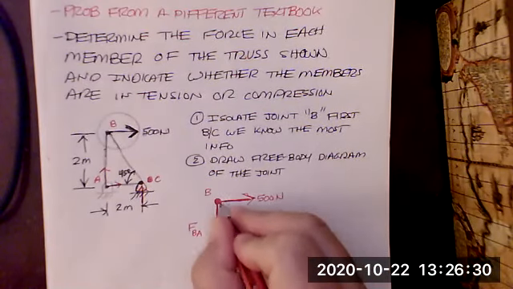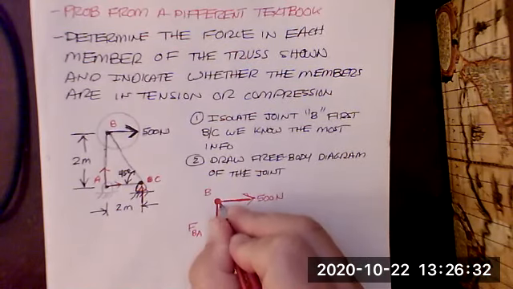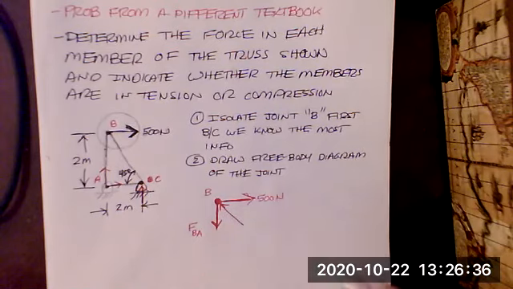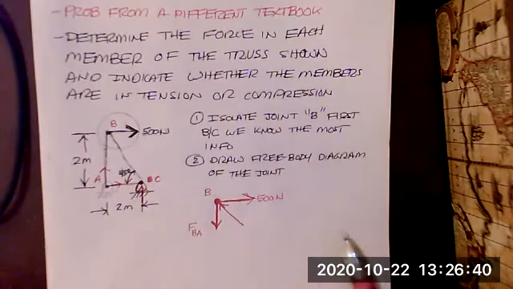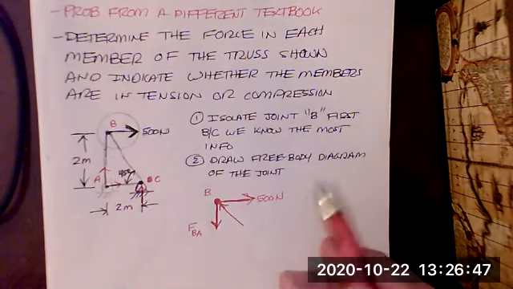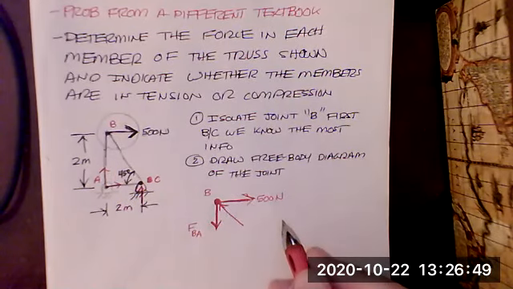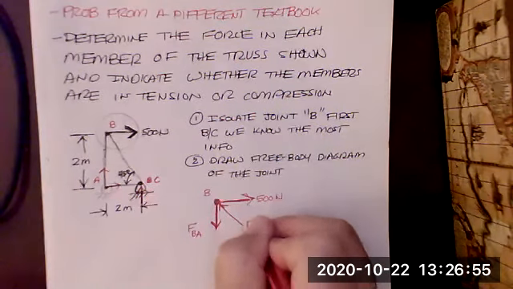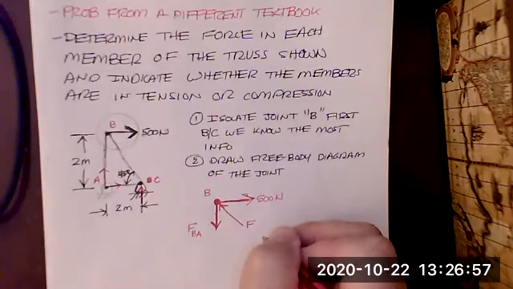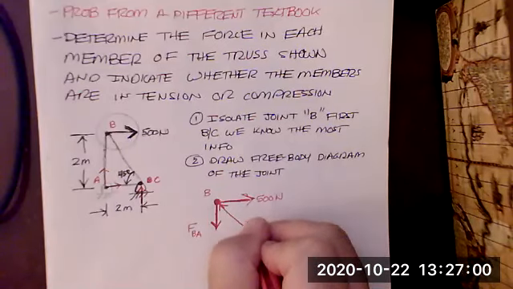This one's pulling, and then I have another force this way that is pushing on the joint, because I'm assuming this member is in compression. So don't look at the member, look at the joint. Pulling on the joint means tension. Pushing on the joint means compression. And this is going to be member FCB here, or BC, I guess we could call it.